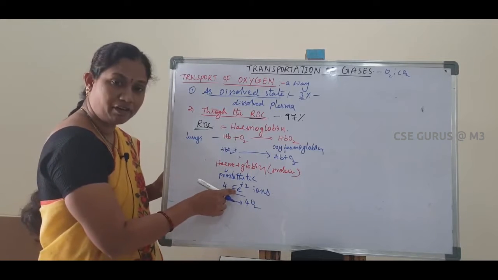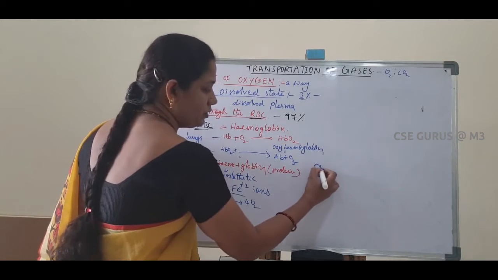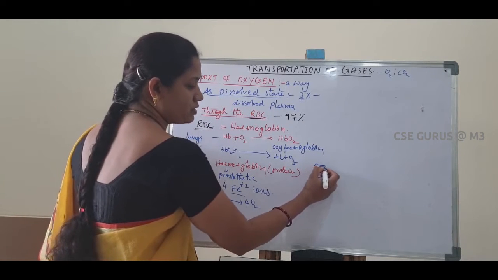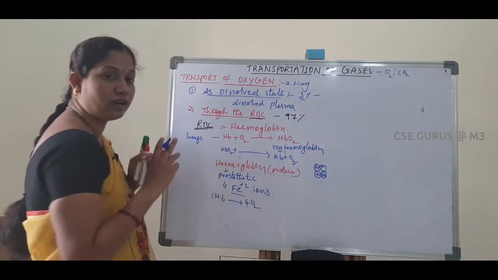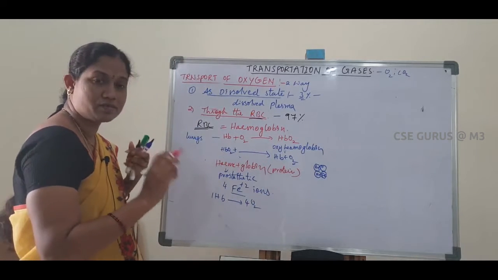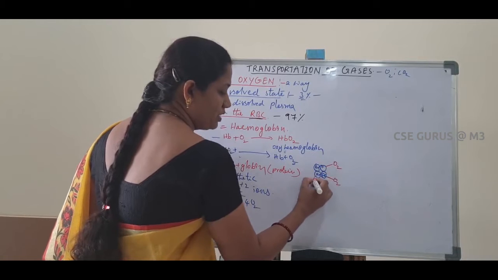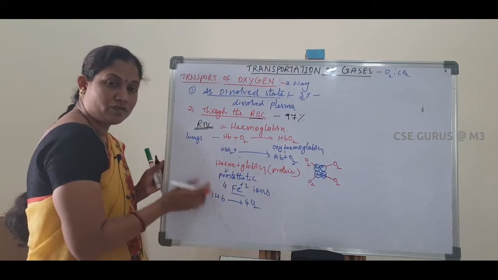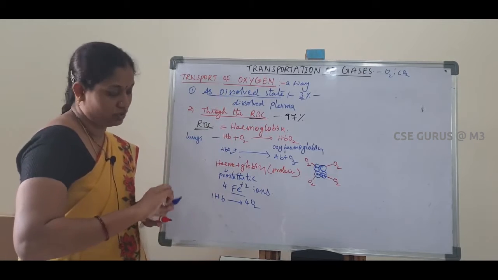Here one ferrous ion binds with 1 oxygen. For example, in hemoglobin there are 4 ferrous ions, Fe2+, and each ferrous ion binds with oxygen. So each hemoglobin can bind with 4 oxygen.